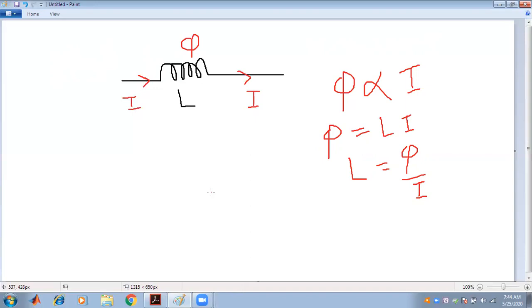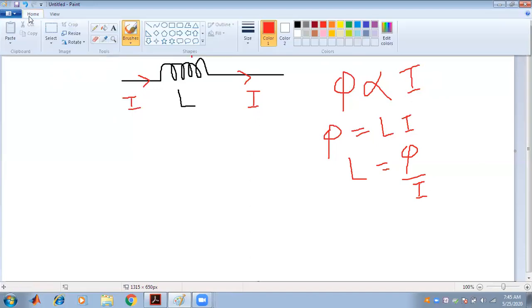It is generally responsible for producing the flux, and this flux is directly proportional to the current flowing through the inductor. If I omit the proportionality constant, we get a constant called L, which is known as inductance. L equals phi by I. So this is the conception of inductor.